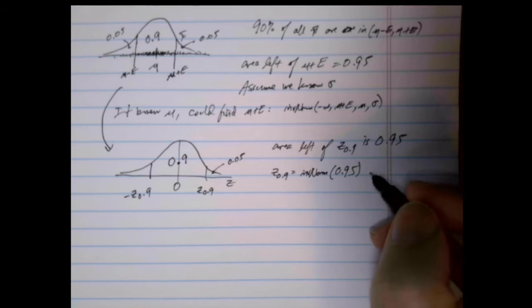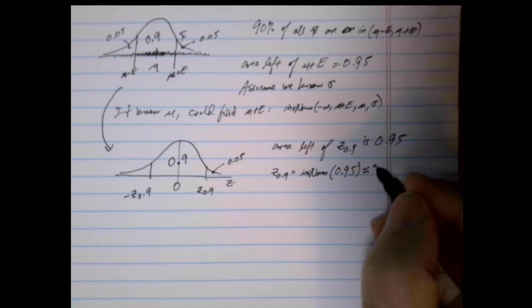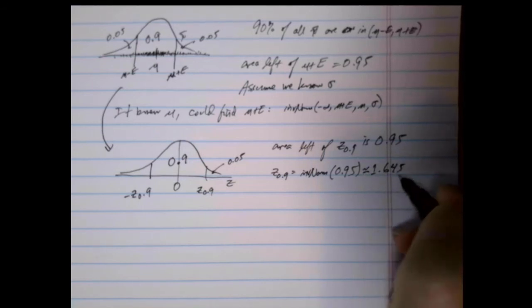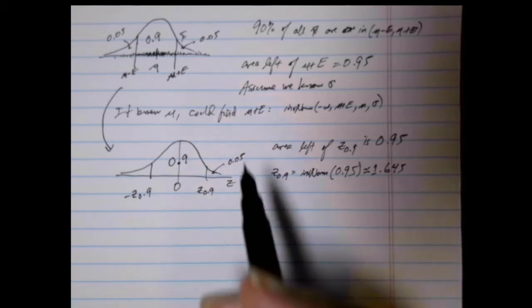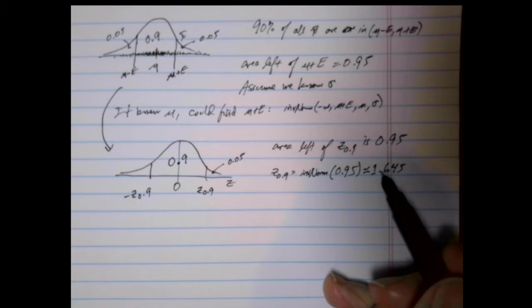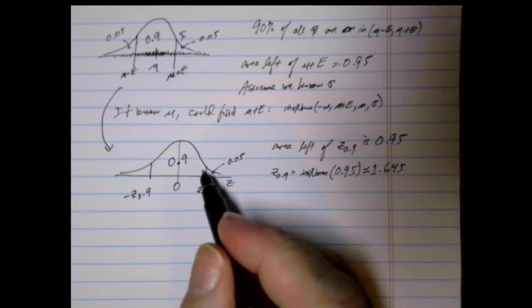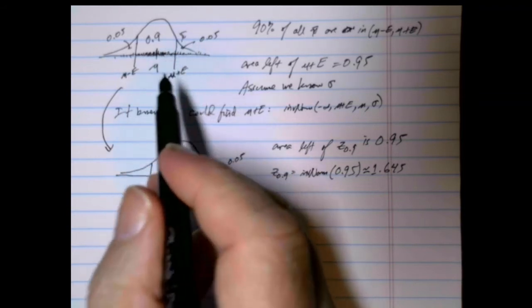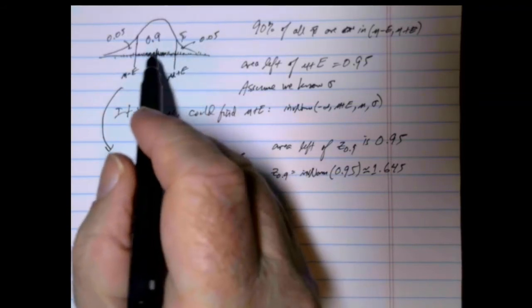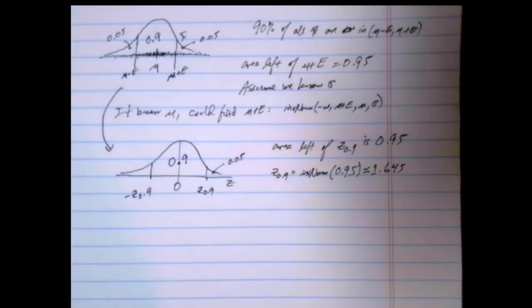And that is just about 1.645. Okay. Once I have this point over here, I could transform back to the x-axis and find this point mu plus e, and then that would easily let me find mu minus e and so on.